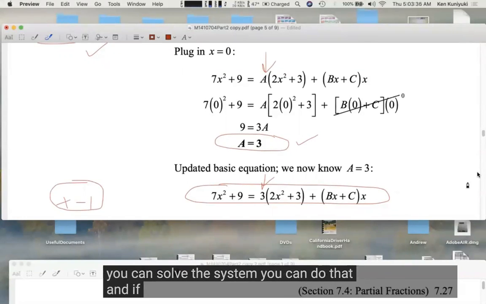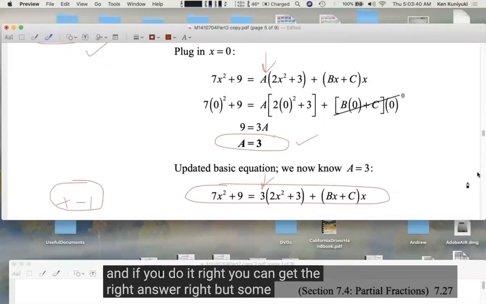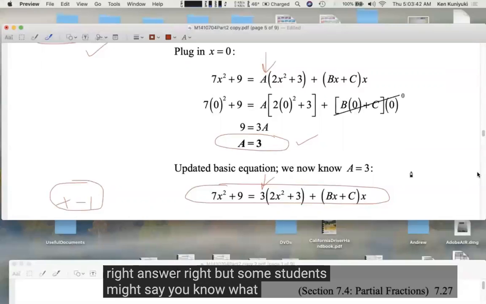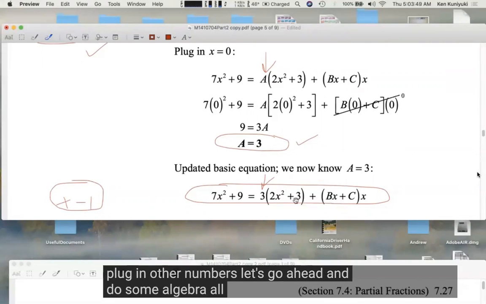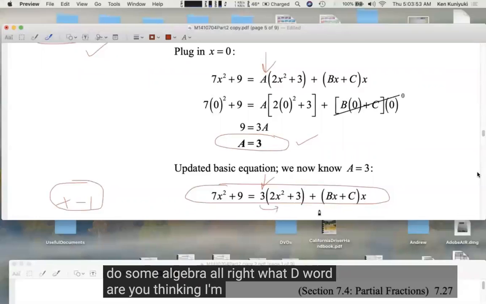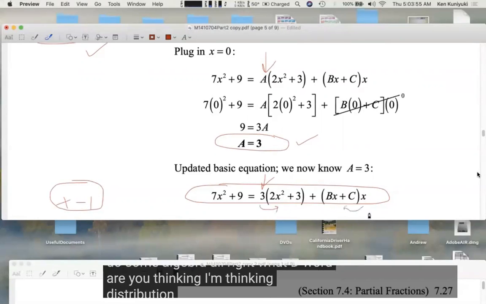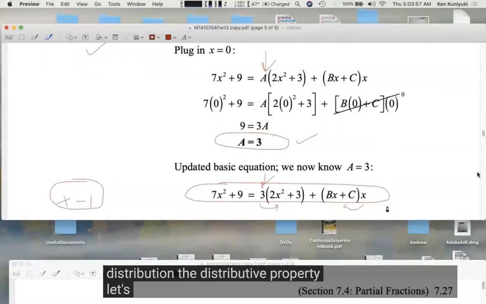If you do it right, you can get the right answer, right? But some students might say, you know what, I'm itching to do some algebra here. I don't want to plug in other numbers. Let's go ahead and do some algebra. What D word are you thinking? I'm thinking distribution, the distributive property.